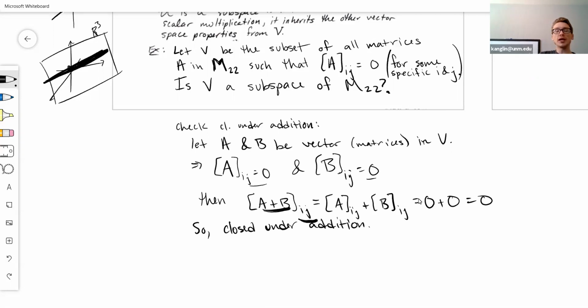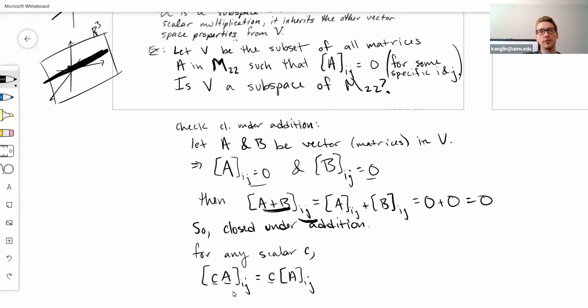Closure under scalar multiplication is pretty similar. Just say for any scalar C, we look at what happens by taking a scalar multiple, C times A, and we want to see what that ijth element is again. In this case, we know that to take a scalar times a matrix is really just to take the scalar times each individual entry of the matrix, right?